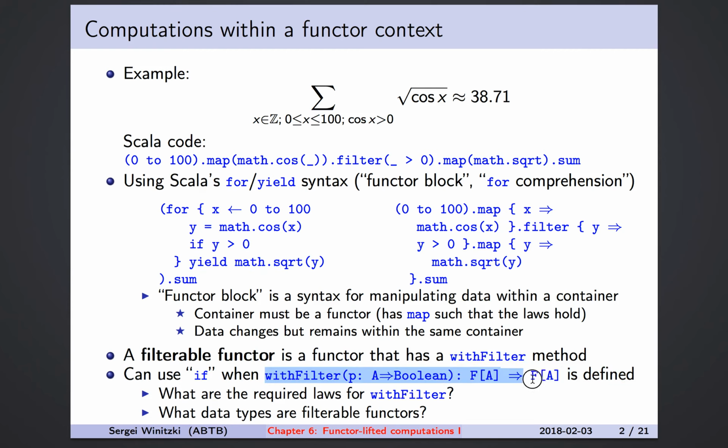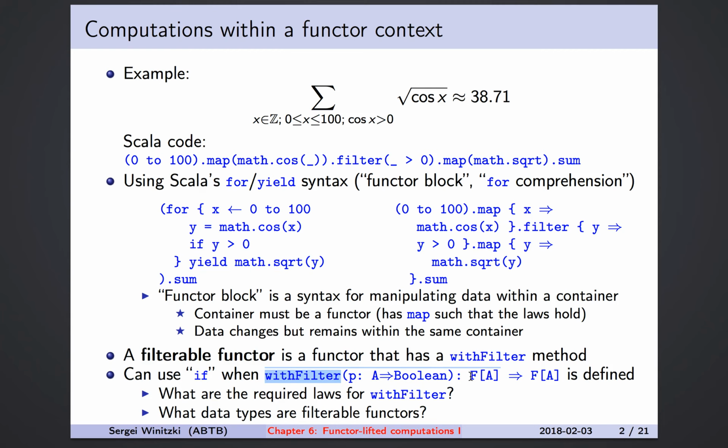This is the type signature of the function withFilter that needs to be implemented in order for us to be able to use the if syntax in a functor block with the functor f. Scala syntax will be available no matter how you define this method withFilter. It must be that you are able to write f.withFilter.